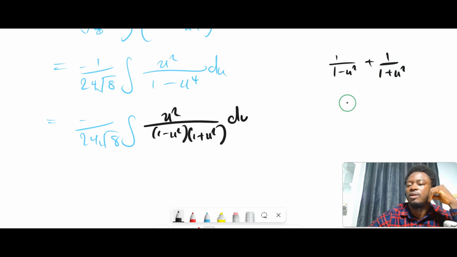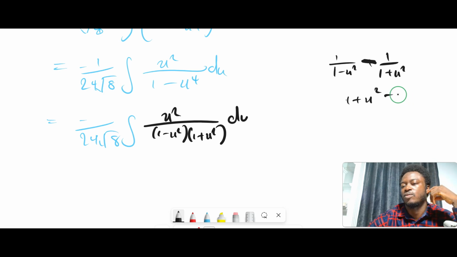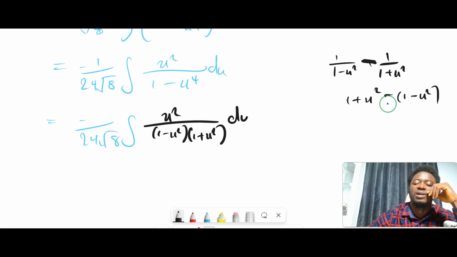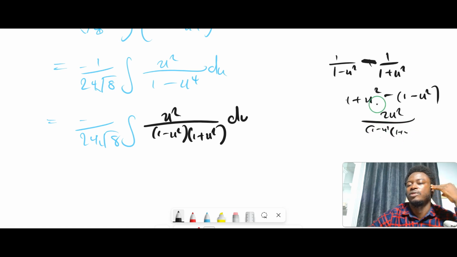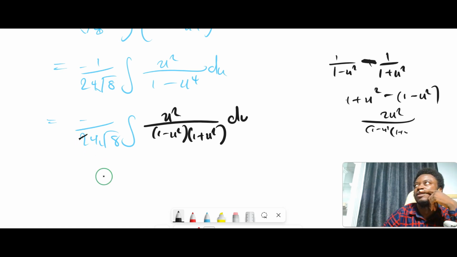No, it's going to be a minus, so you have 1 plus u squared minus 1 minus u squared, they cancel out, and then you have 2u squared over 1 minus u squared times 1 plus u squared. So you have to divide both sides by 2, which means that this 2 will vanish.